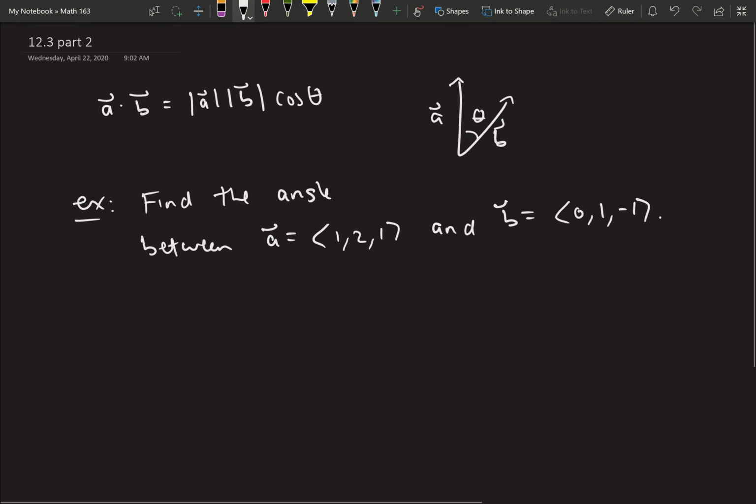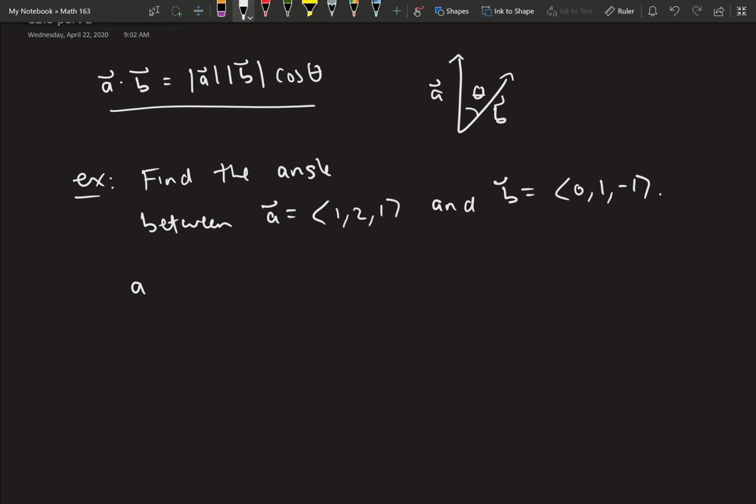Okay, so we're going to use this formula right here that I underlined. First of all, the dot product is 1 times 0 plus 2 times 1 plus 1 times -1, which is 2 minus 1, which is 1.